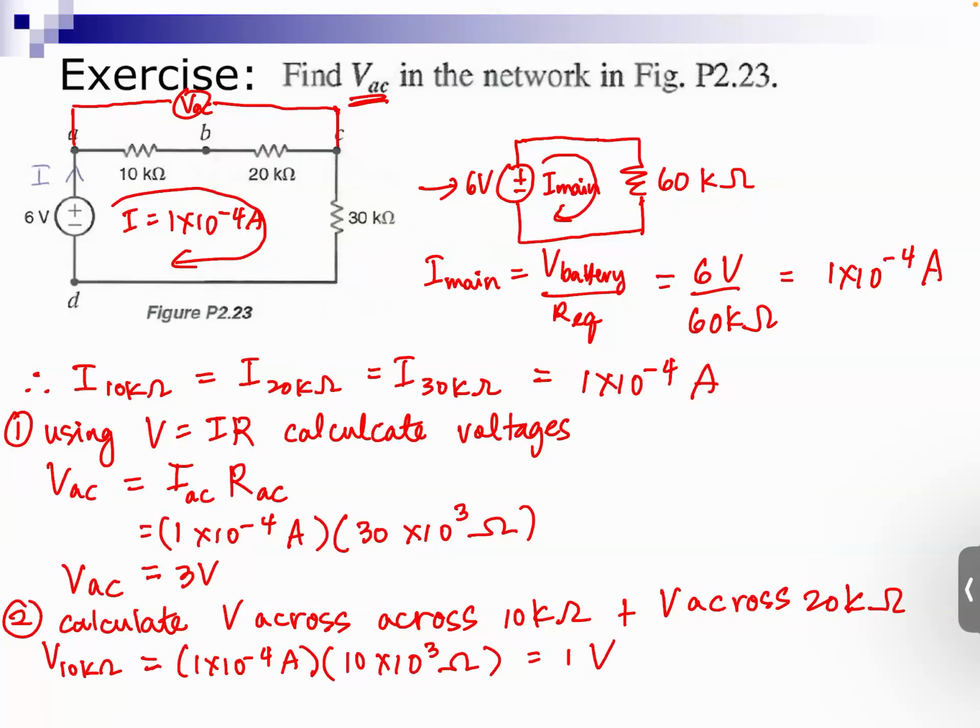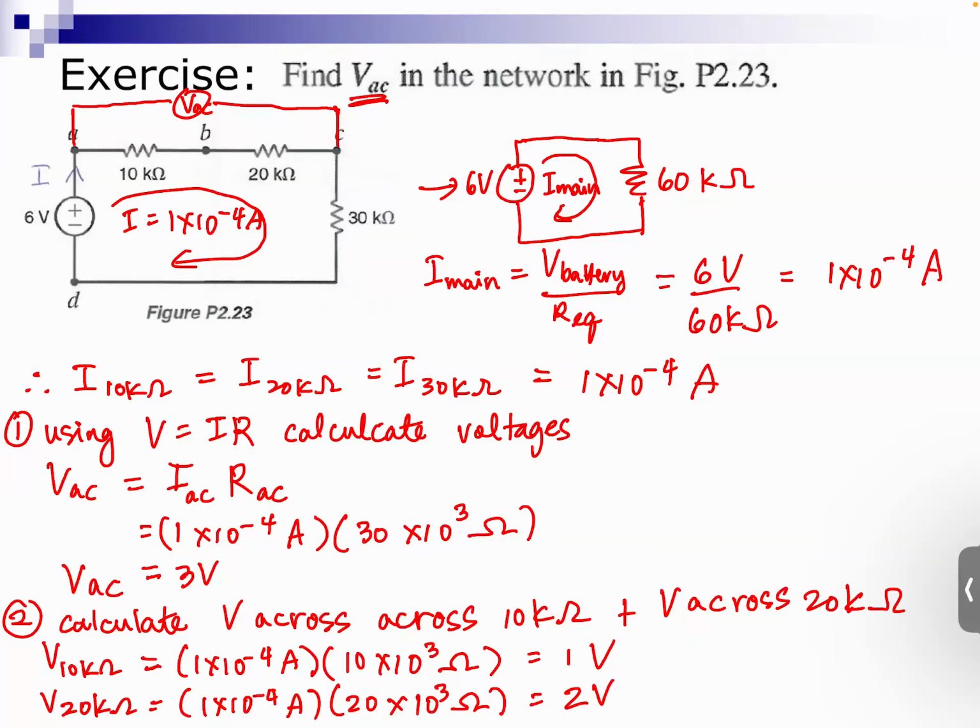Then calculate the voltage across the 20 kilo ohm resistor. The current through the 20 kilo ohm resistor will still be 1 times 10 to the minus 4 amps, the main current, because all the resistors are in series, times the resistance of the 20 kilo ohm resistor, 20 times 10 to the 3 ohms, which will give you 2 volts.